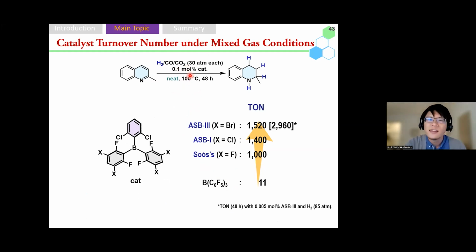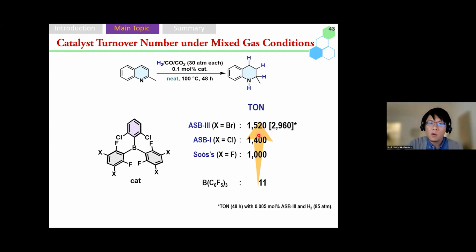It's crazy, right? Under such extreme conditions, BCF shows only 11 TON, turnover number. But the meta-fluorine borane exhibited 1,000 TON, chlorine 4,000, and bromine over 5,000 TON.